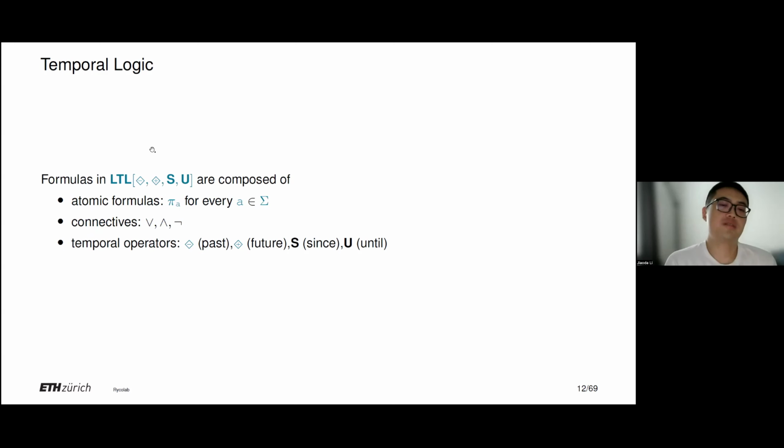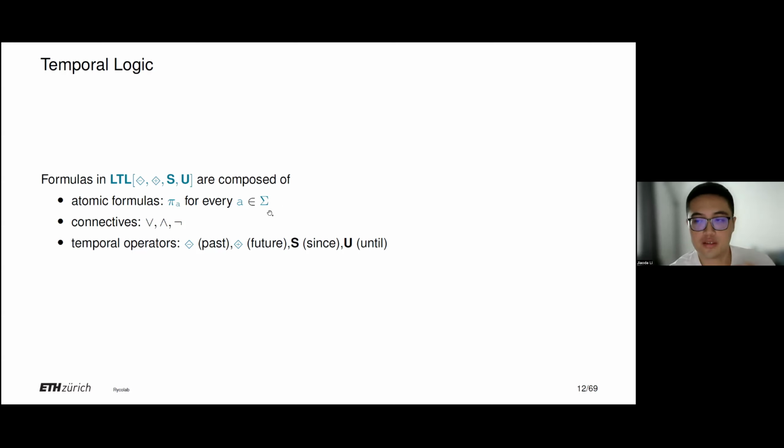Temporal logic is another tool that can be used to express or describe languages. It's called temporal because all the formulas in the logic implicitly depend on a variable representing time. When defined over strings, the formulas just depend on a variable, which means the position in the string. The formulas are composed of atomic formulas, pi a for every symbol a in the alphabet.